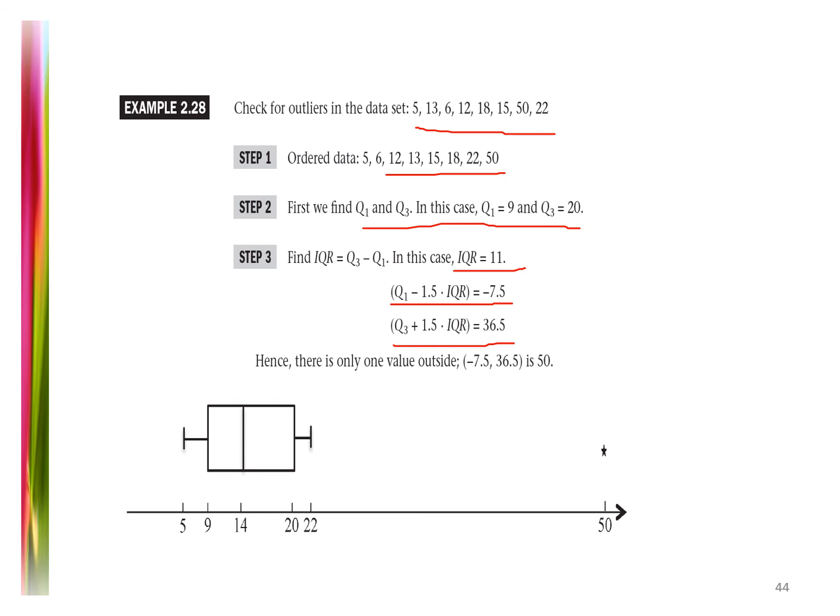In this case, one of the data points, 50, is outside of this interval, so there are outlier points. All right. This is the maximum value, this is the minimum value, this is Q1, Q2, Q3. After ignoring the outlier points, this is the maximum point, is that right? Yes.